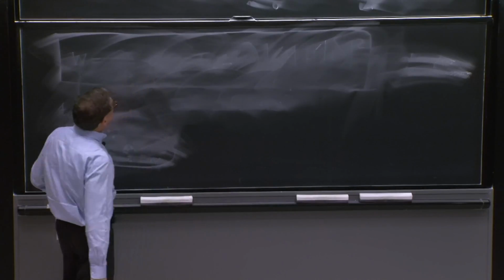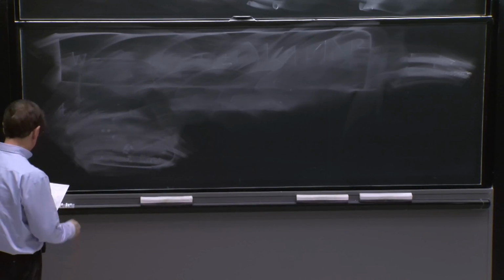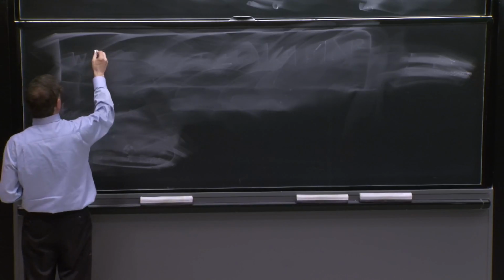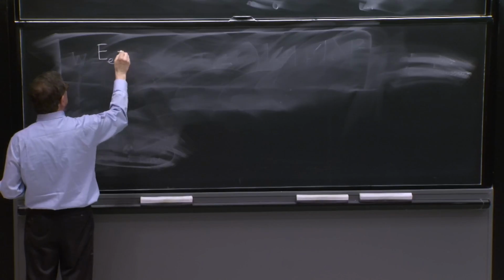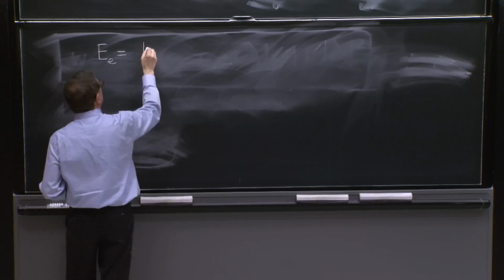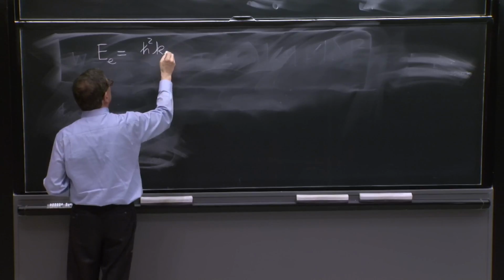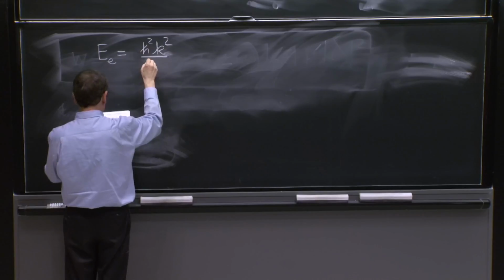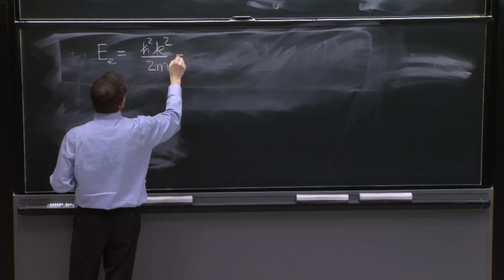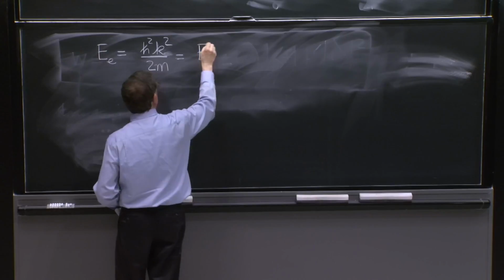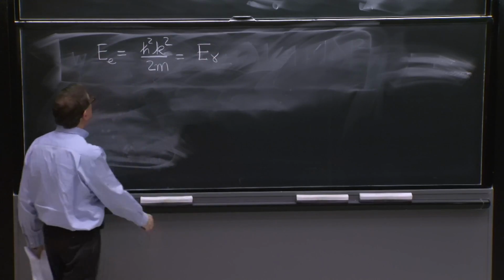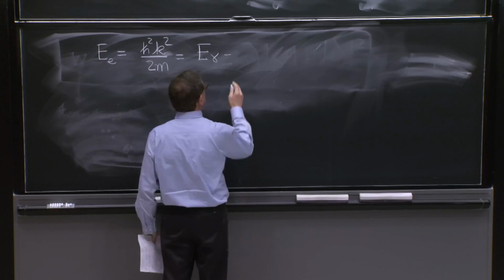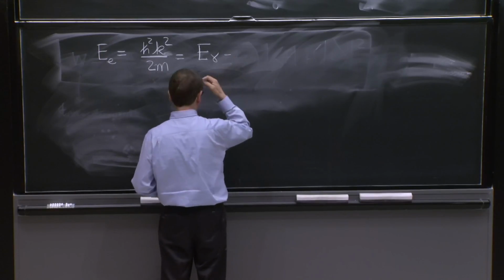So a couple of quantities you may want to consider is that the energy of the electron that is ejected is h bar squared k squared over 2m of the electron, and it's going to be equal to the energy of the photon minus the ground state energy of the electron in the hydrogen atom.